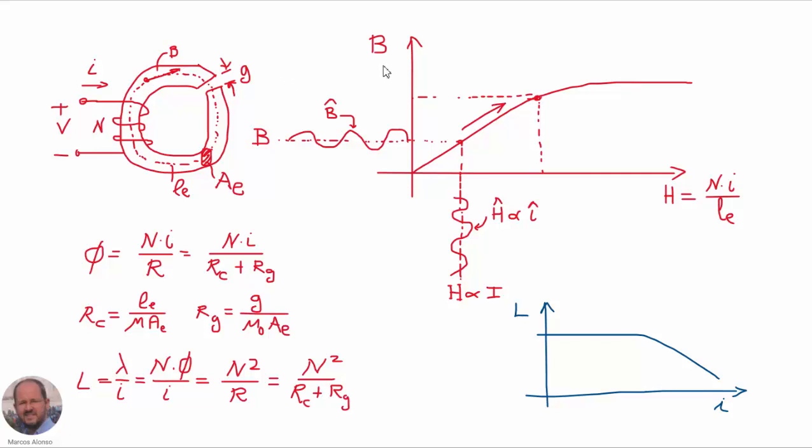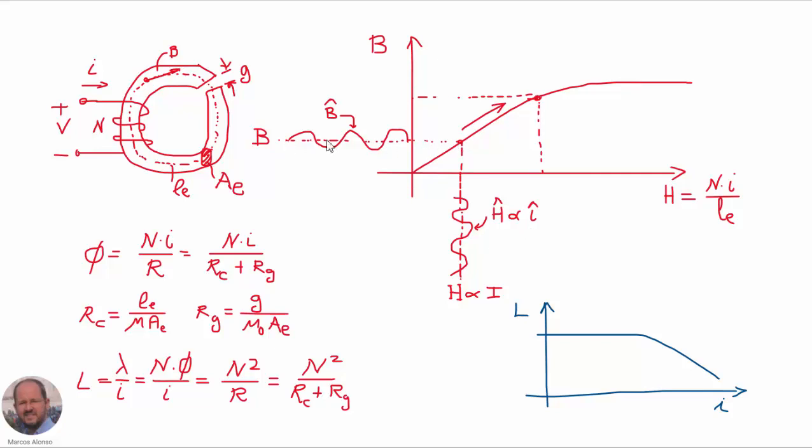If we look at the BH curve of the material, we are going to have a DC level of the magnetic field intensity H, which is proportional to the DC level of the current, and also we have an AC component of the magnetic field intensity, which is also proportional to the AC component of the current.